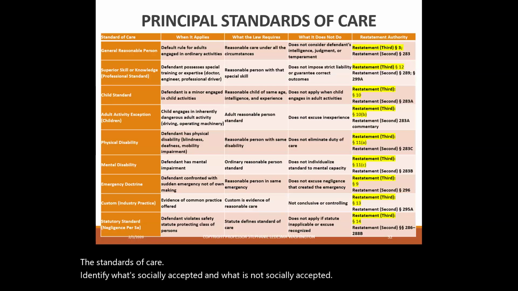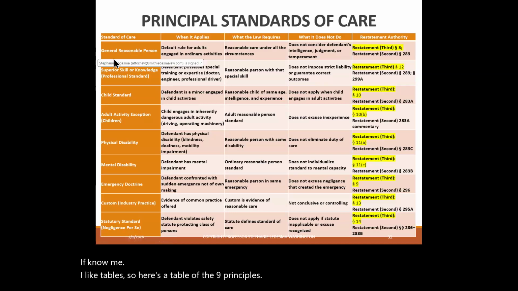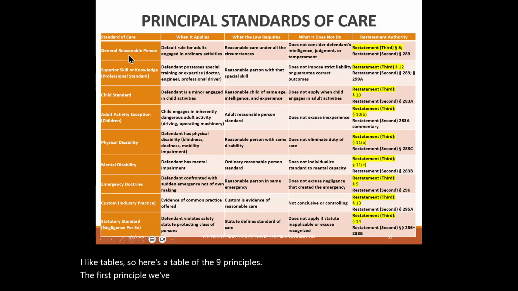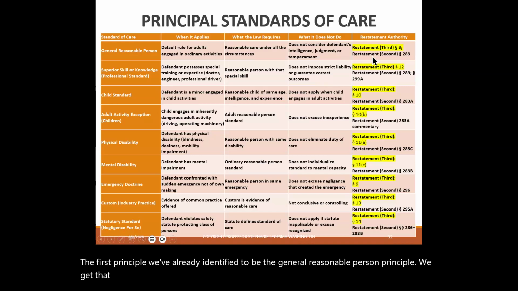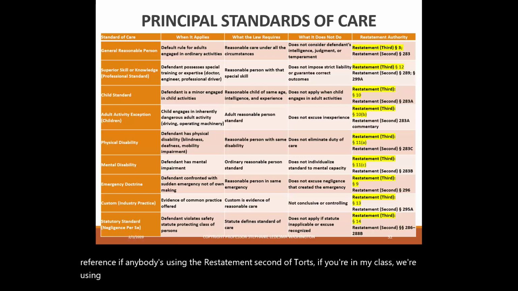Well, if you know me, you know I like tables. So here's a table of the 9 principles. The first principle we've already identified to be the general reasonable person principle. We get that from Restatement 3rd of Torts 3. I did make the Restatement 2nd of Torts reference if anybody's using the Restatement 2nd. If you're in my class, we're using the Restatement 3rd of Torts. There's your reference highlighted in yellow.